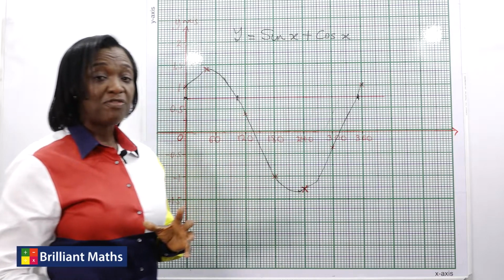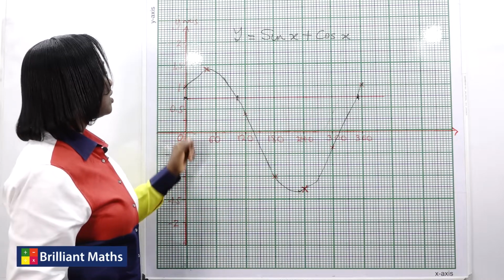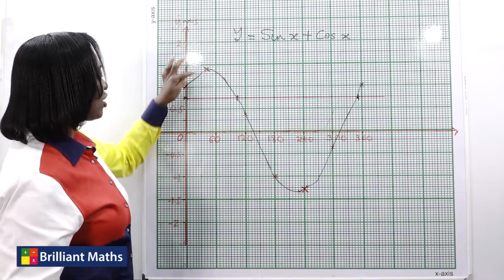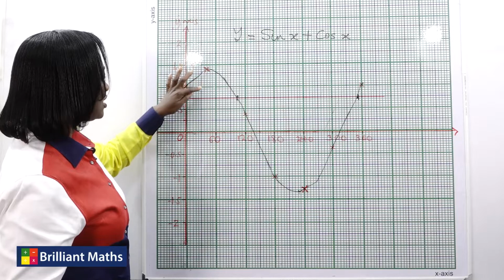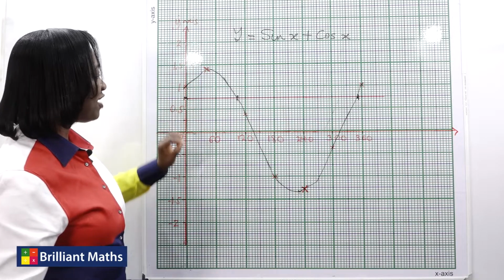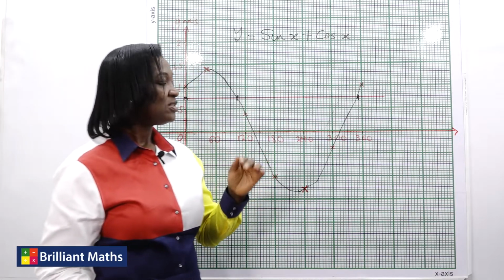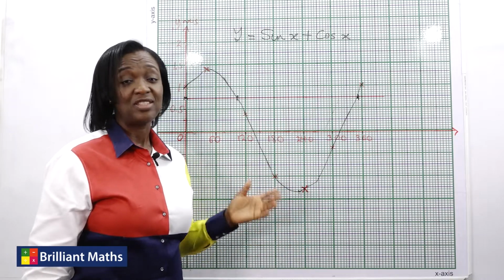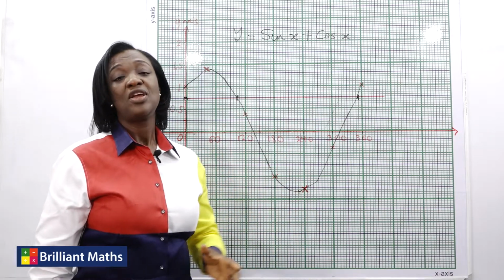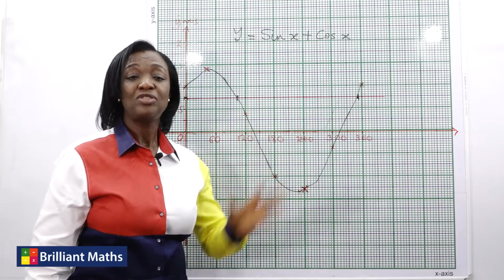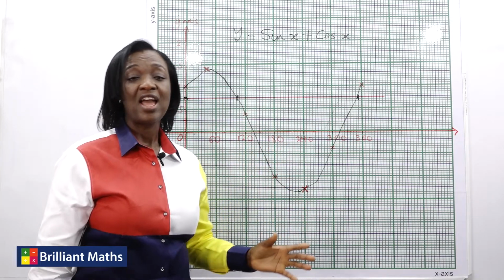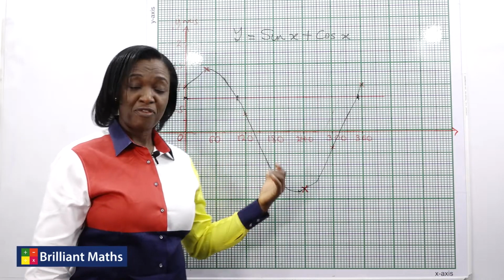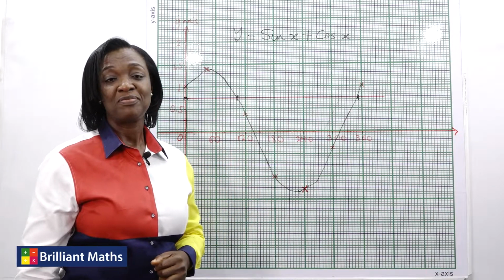And the maximum value is positive 1.4, and that occurs at x equal to 45 degrees. Take your time and plot out this graph. You'll actually see that it's very easy. Use your calculator to find the values of sine x and cos x and add them together. You'll find out that you can do it.